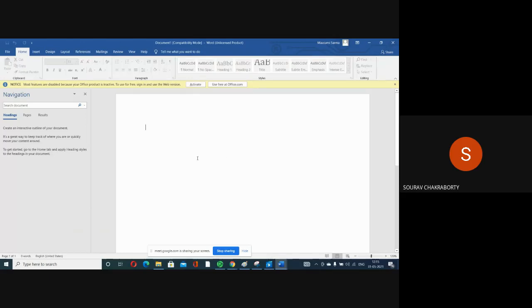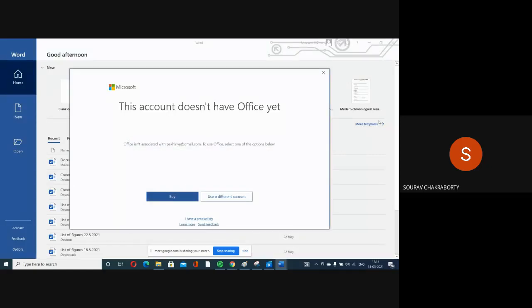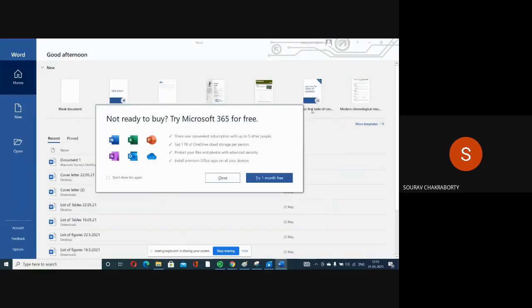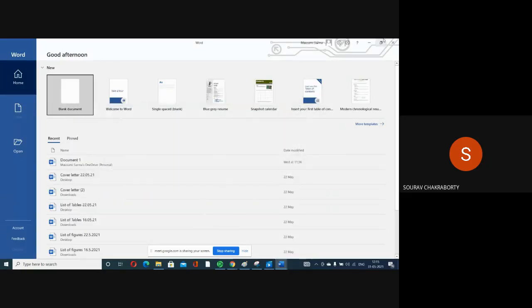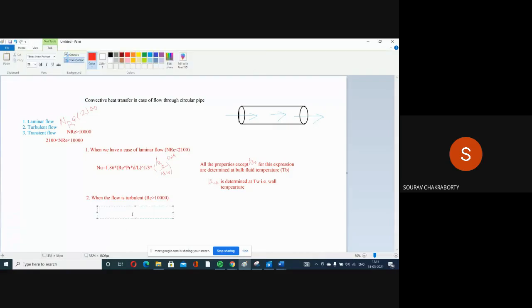For the turbulent flow, we can write down the expression. Okay, one second, it's creating some issue. So let me write it down here.